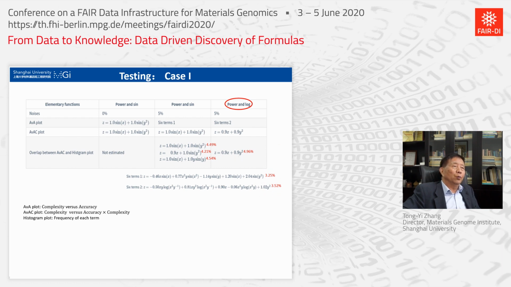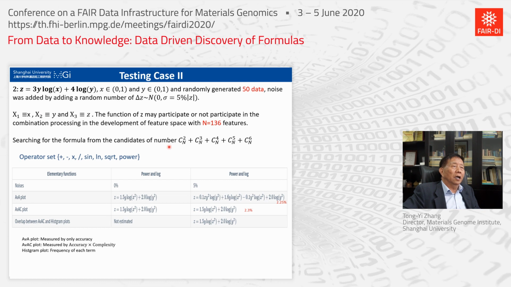Now case 2 is a little bit more complex formula, as we showed here. It's a 2 log function, and here we also randomly generate 50 data. The noise is also added, assuming the noise form is a normal distribution.